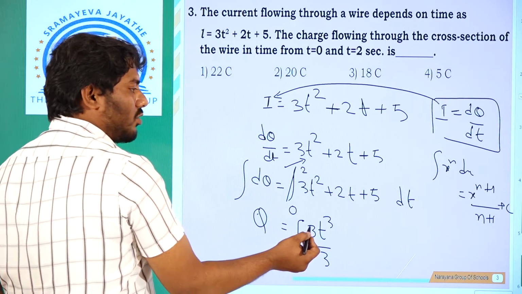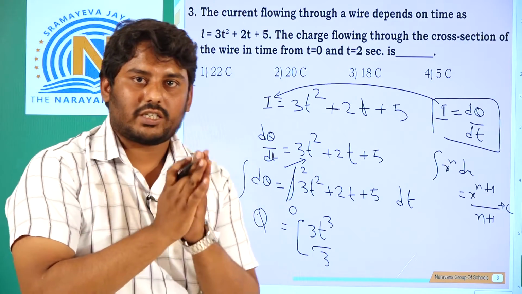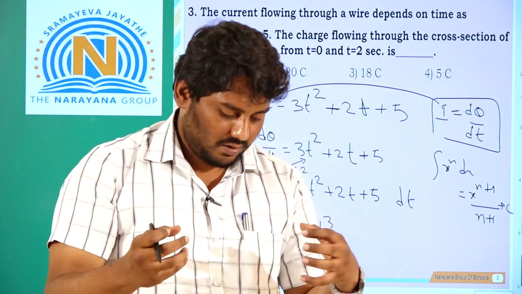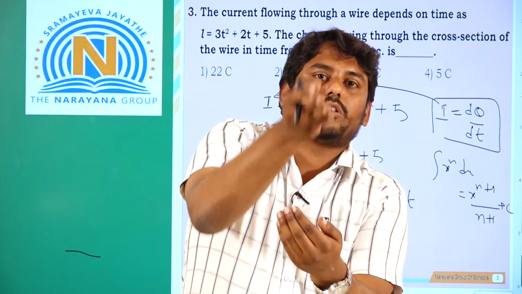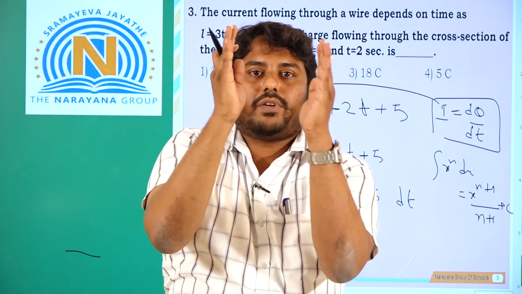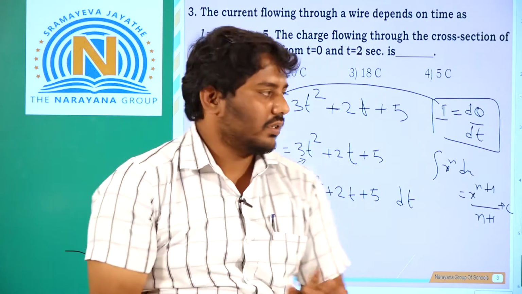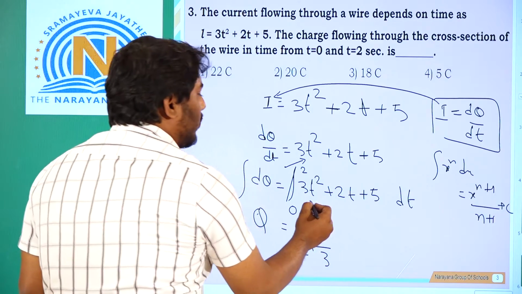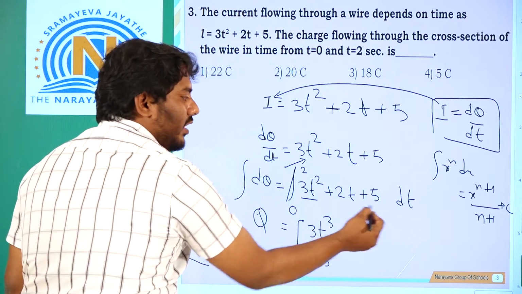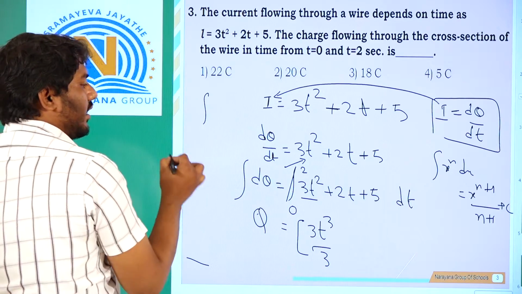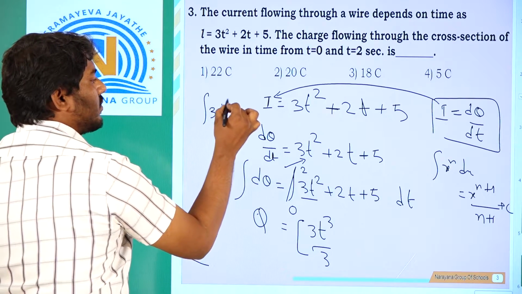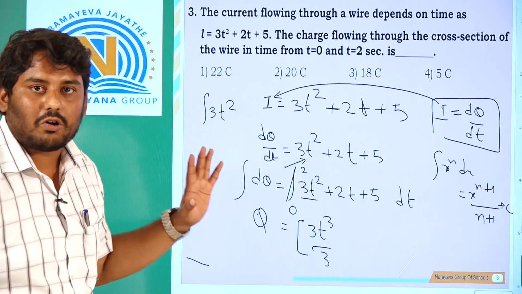In this case, 3 is a constant. Whenever a constant is inside the integral, we can write the constant outside the integral and do only the variable integration. Here, I'll only do it for 3t square. You can easily do it for 2t. So it is integral of 3 into t square dt.